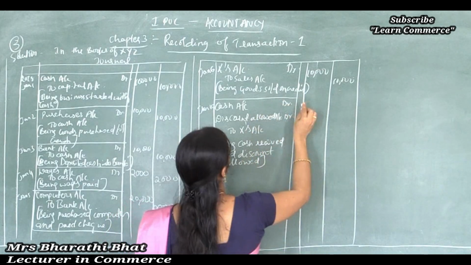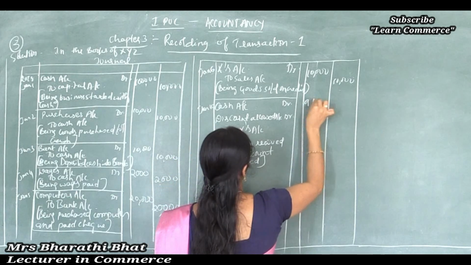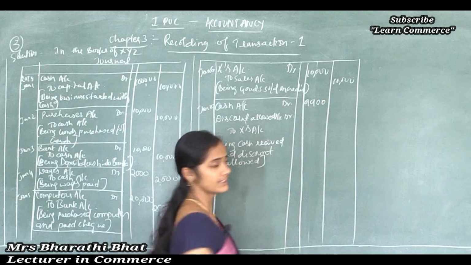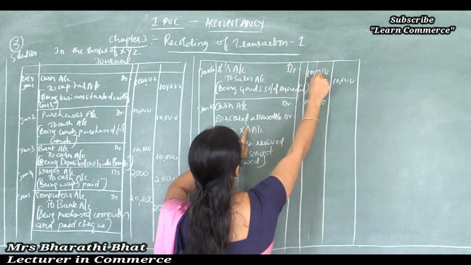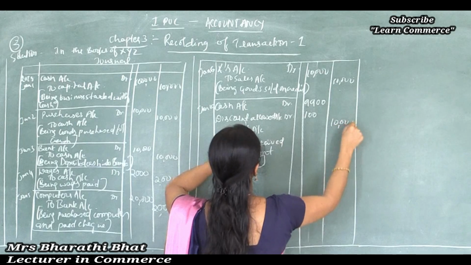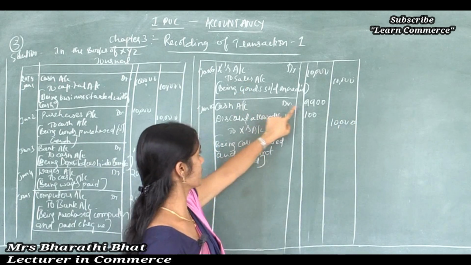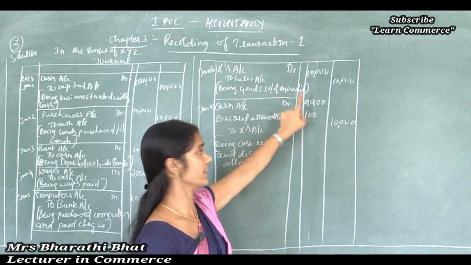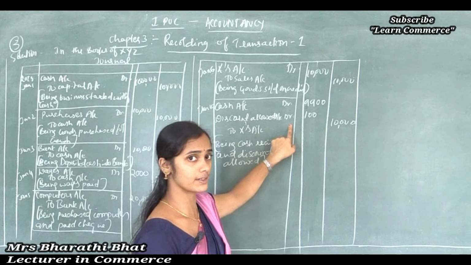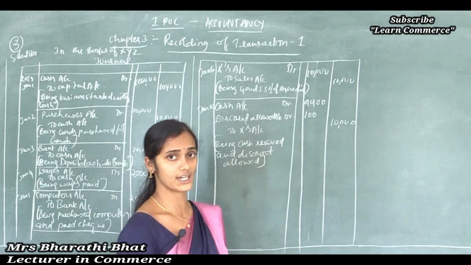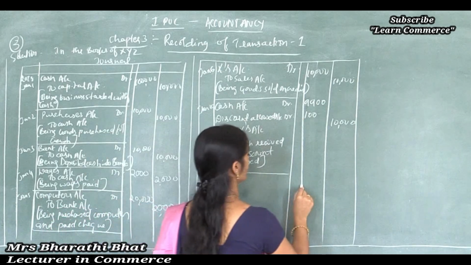See how much cash received? 9,900 and allowed discount 100. Total X account 10,000. Correct, right? The 10,000 account, just by receiving 9,900, that account was closed. That deviation, that remaining balance of 100 rupees, is considered as what? Discount allowed. So close the account and total it.